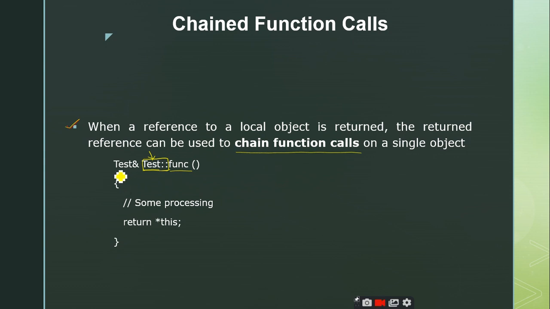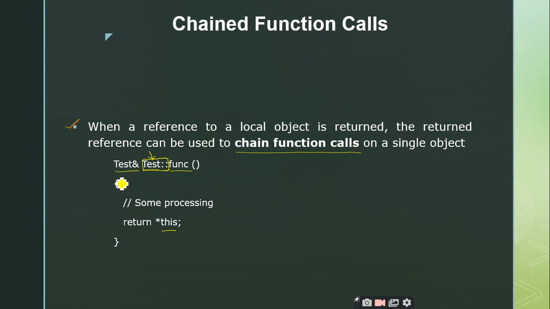And you can observe the return type of the function, that is test ampersand. So when you return the this pointer, it is mandatory that you use the reference operator. So test ampersand means I can assume that the function is returning a this pointer.